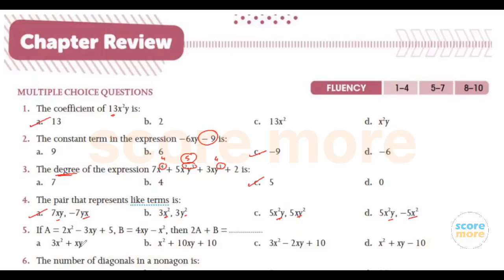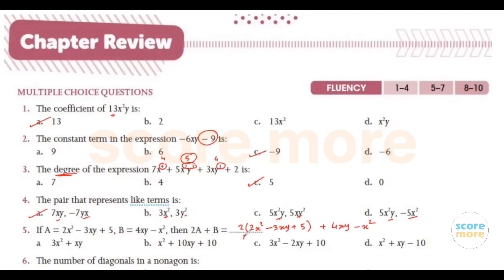Now question number 5: if a is equal to 2x square minus 3xy plus 5 and b is equal to 4xy minus x square, then the value of 2a plus b. तो बच्चों इसका मतलब वो हम पहले a को मल्टीप्लाई करेंगे 2 से. सो 2 इंटू 2x स्क्वायर माइनस 3xy प्लस 5 प्लस 4xy minus x square.